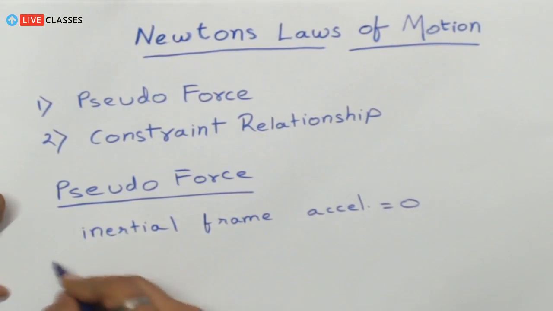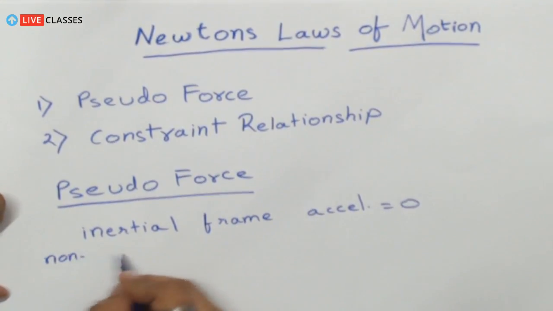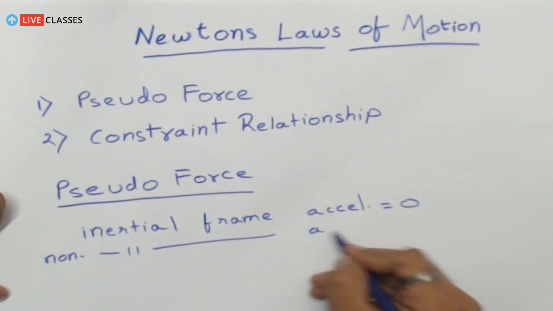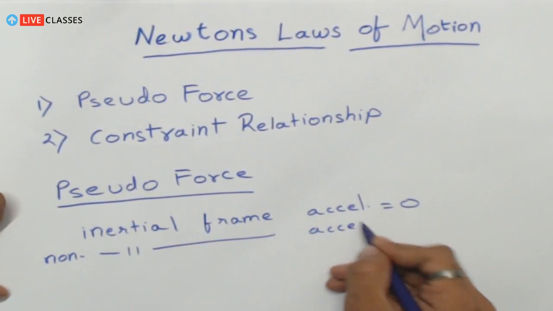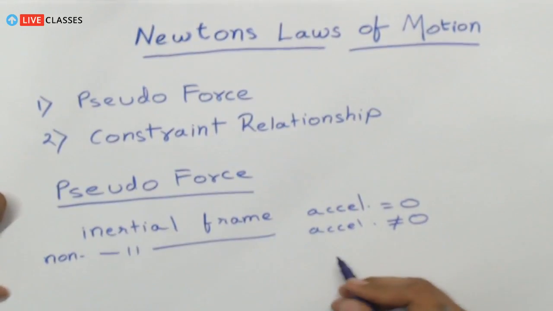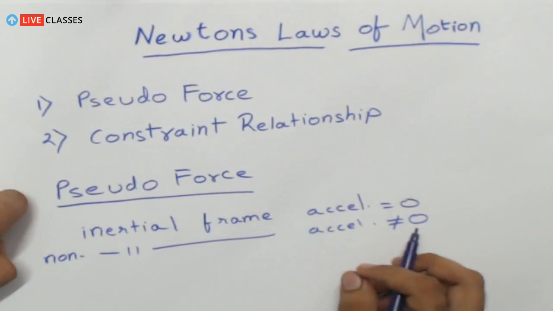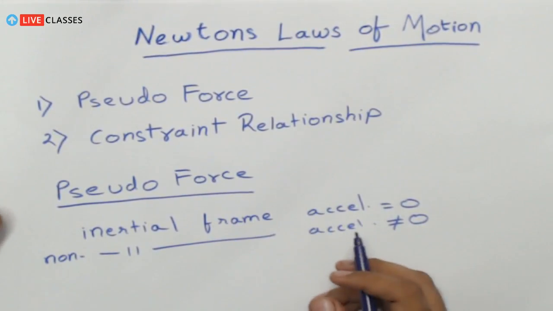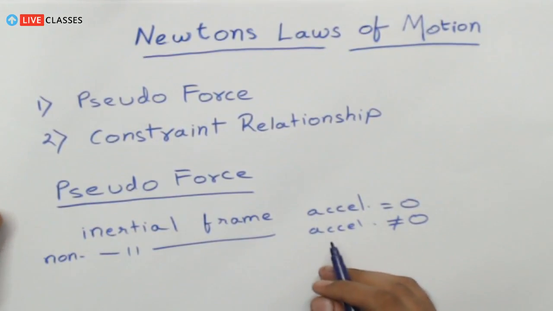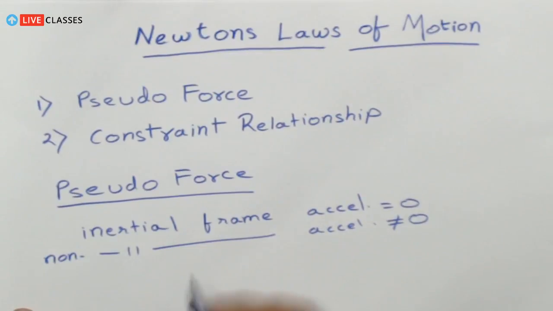And what is non-inertial frame? In non-inertial frame, the acceleration would be not equal to 0. As you remember, while explaining Newton's laws, I told you that you can only apply Newton's laws of motion in inertial frame. In non-inertial frame, you have to do some changes. Let's see what we have to do.